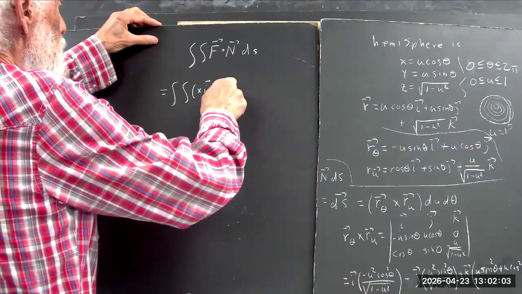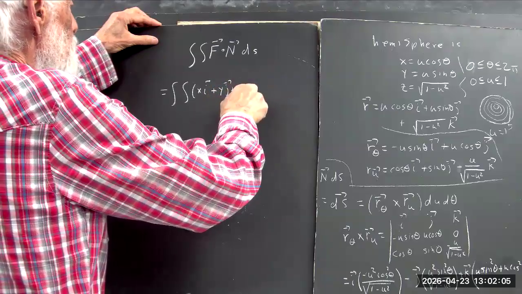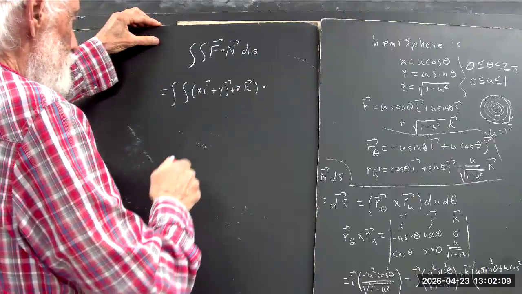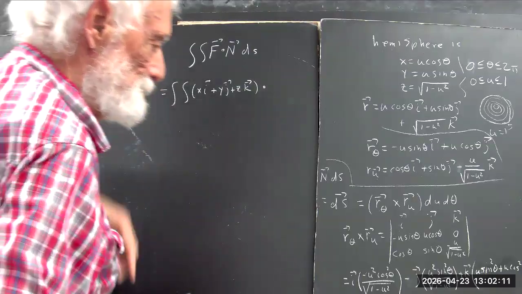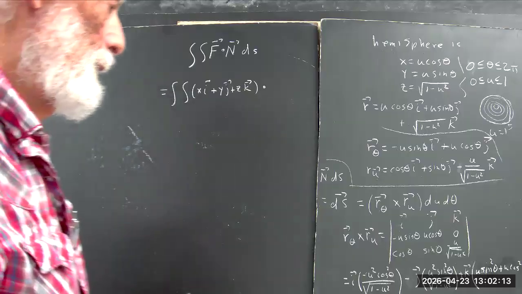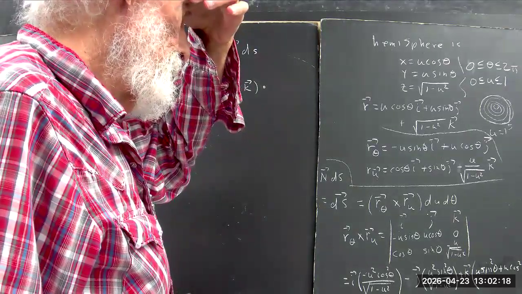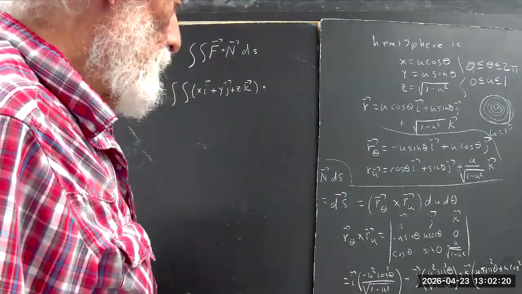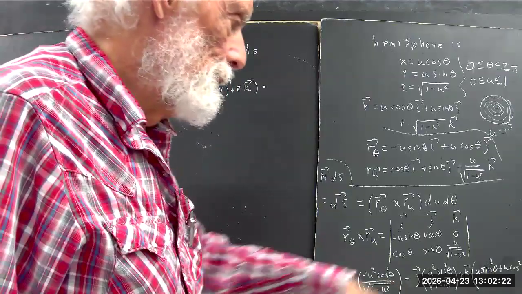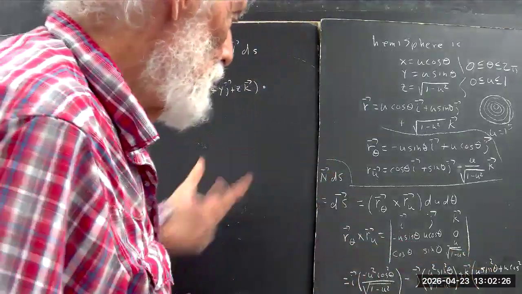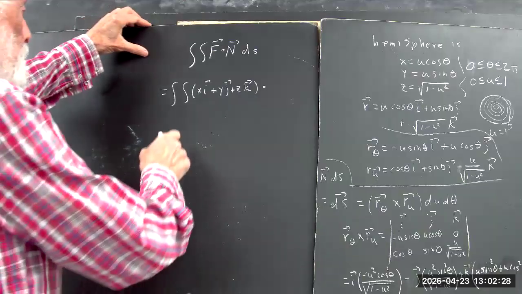It's xi plus yj plus zk dotted with... trying to factor something out of this. But the only thing that factors out of all this is u, so I'm not even going to bother.